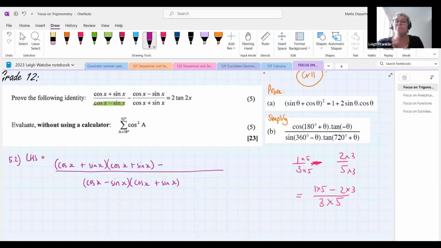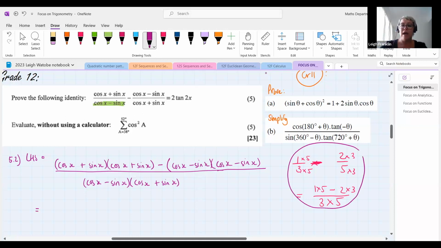Where I said 5 times 3 at the bottom, I've got to say 2 times 3 at the top. So here I've got cos x minus sin x, and I have to multiply that by cos x minus sin x. Does that make more sense? Yes. So what I multiplied the bottom by, I'm multiplying the top by the same thing. Makes sense now. So you've got to think about it as a simple fraction like this, grade 12s, and then it's easy.